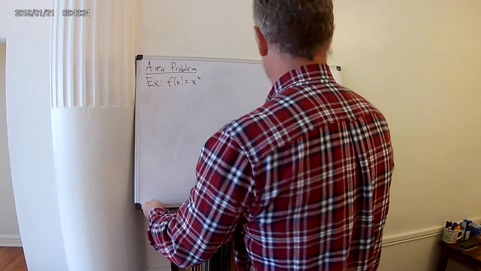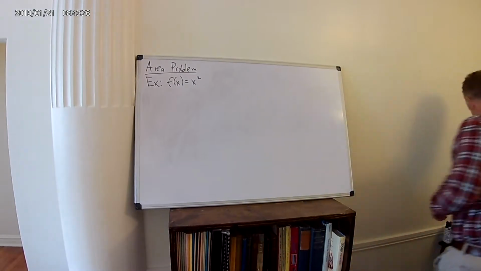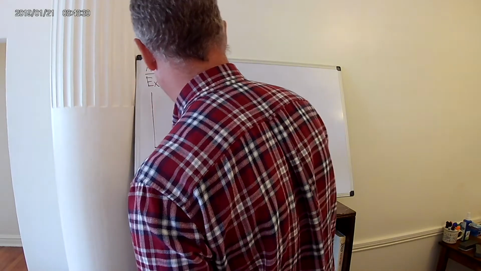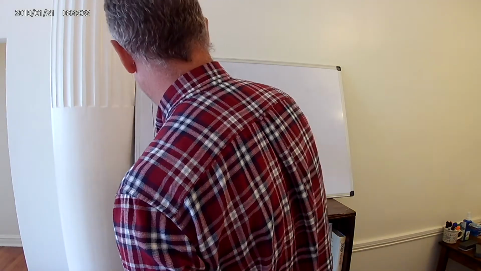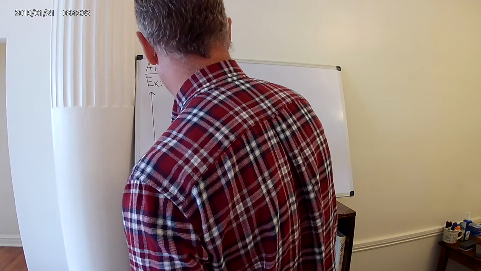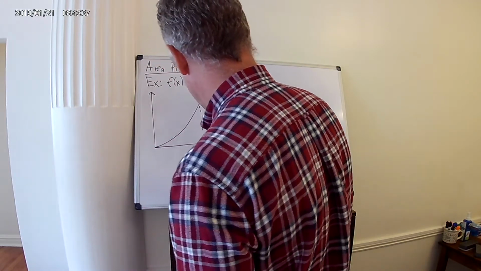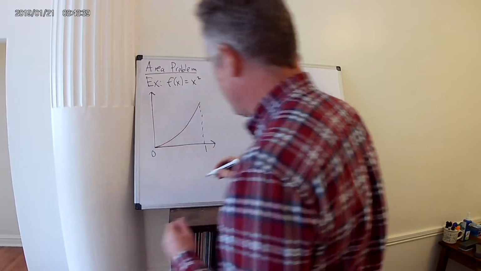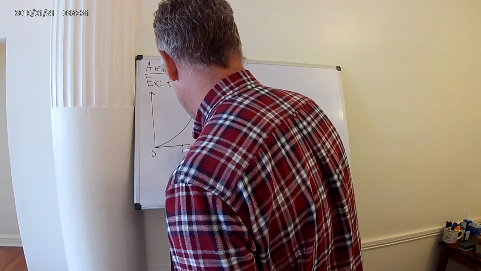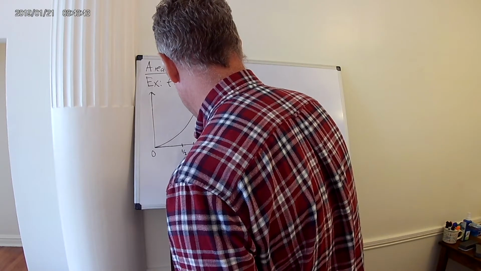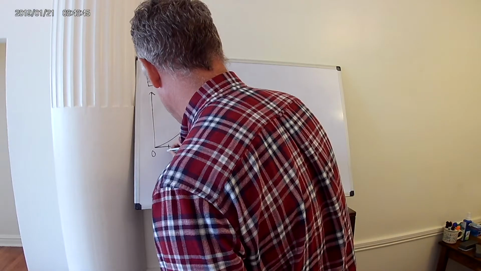What I want to do is consider the same curve. So I have my parabola that looks like this. It's growing, and I have my two endpoints, 0 and 1. Then I'm going to again divide this region into 4 parts, each of width 1/4.